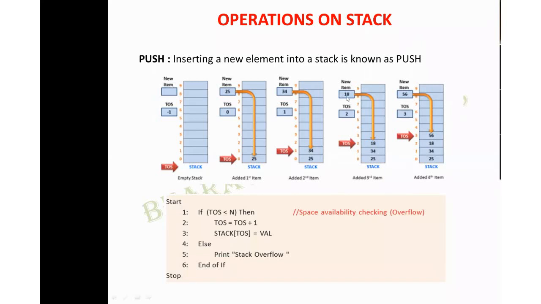Now come to this algorithm. If TOS is less than n, that is, it should be less than your maximum value, increment the top of stack and then insert the value into the stack.